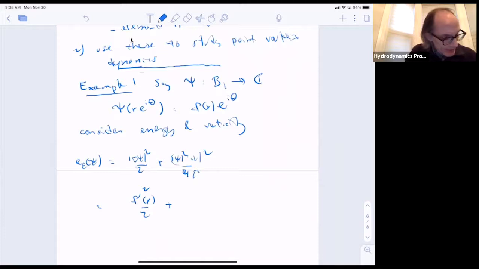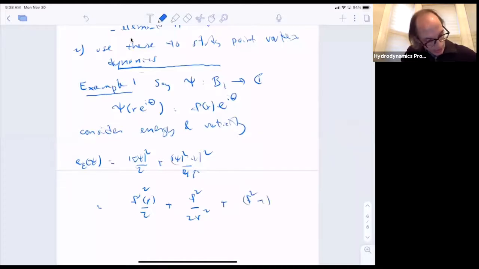When I differentiate with respect to theta, I'll get f squared over 2r squared. And then I'll have a term (f squared minus 1) squared over 4 epsilon squared.